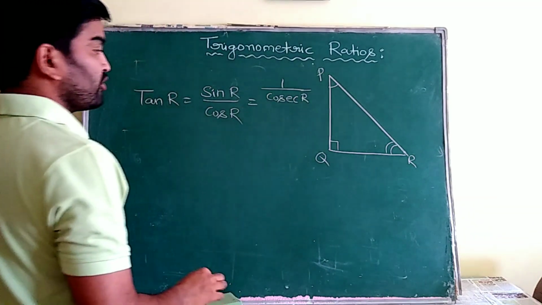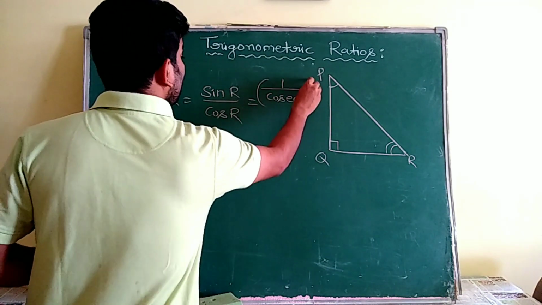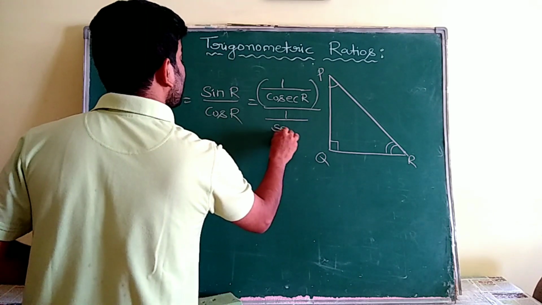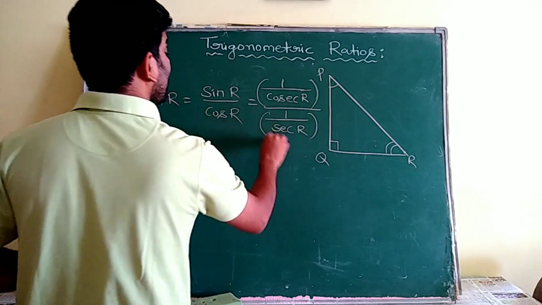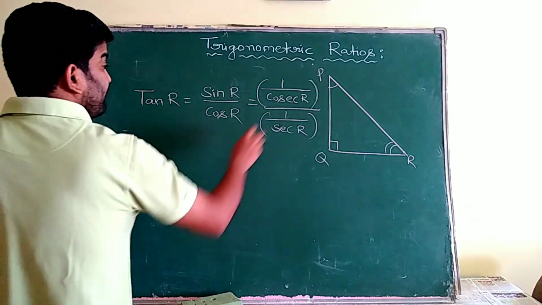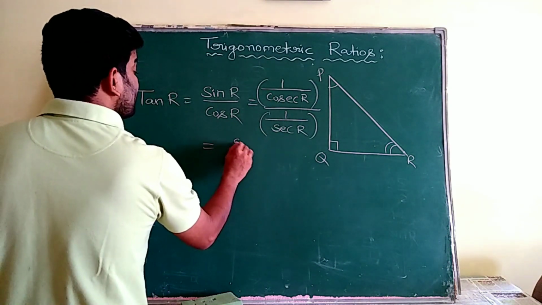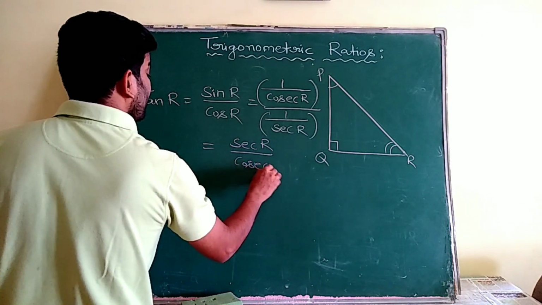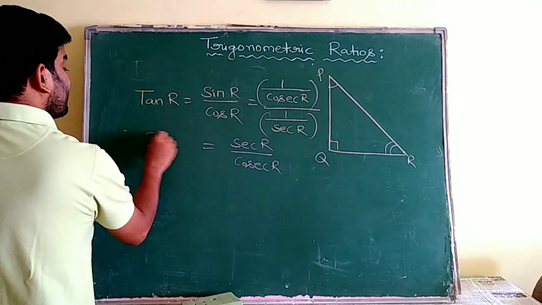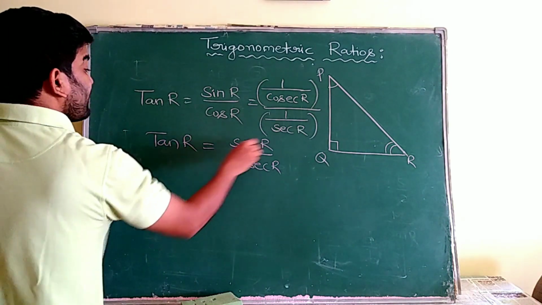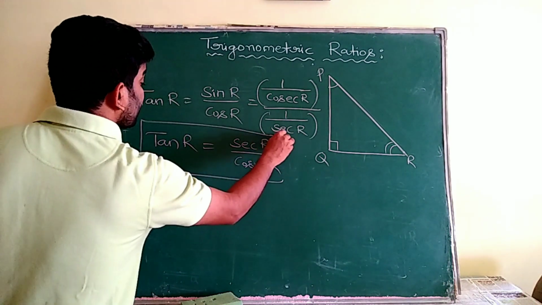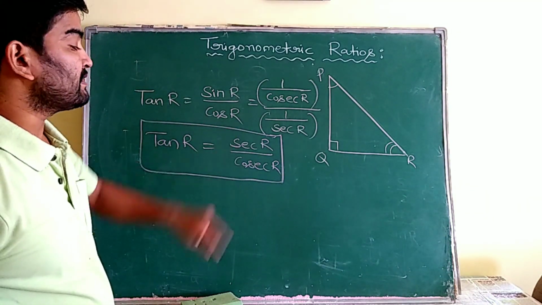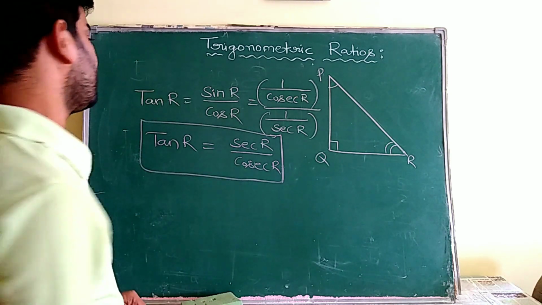Because sin R is the reciprocal of cosecant R. So this can be expressed as 1 by cosecant R. Similarly, cos R is also expressed as 1 by secant R. So by this we write secant R by cosecant R for tan R also. That means tan R is equal to sin R by cos R, and also tan R is equal to secant R by cosecant R.